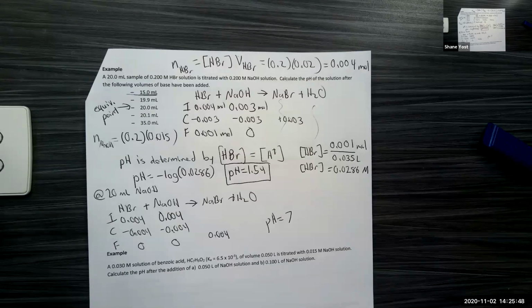So the equivalence point does not mean equal volume of acid and base. It means equal number of moles. In this example, those are the same thing just because the concentration of my strong acid and strong base happen to be exactly the same. But if they weren't the same concentrations, then the equivalence point would not be at the same volumes. Okay?